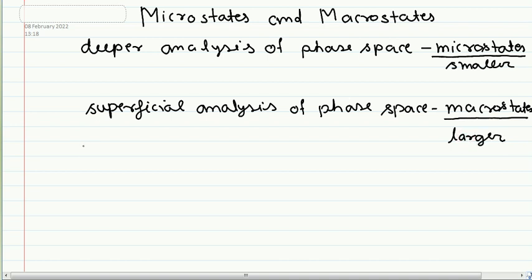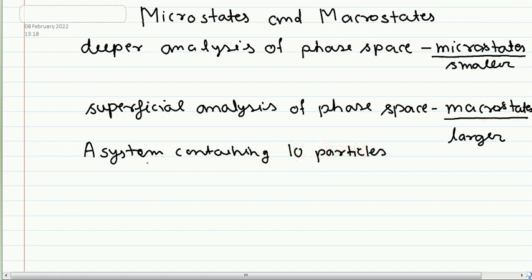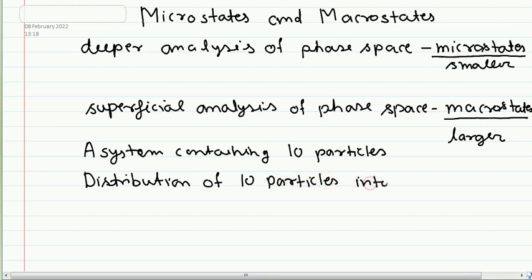So suppose in a phase space we have a system containing, let us say, 10 particles, and we want to distribute these 10 particles into 3 cells as 2, 3 and 5.